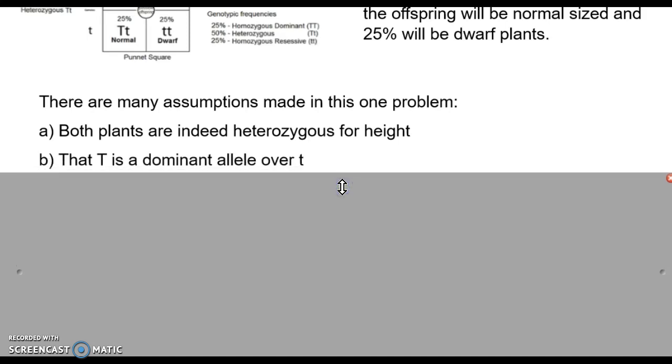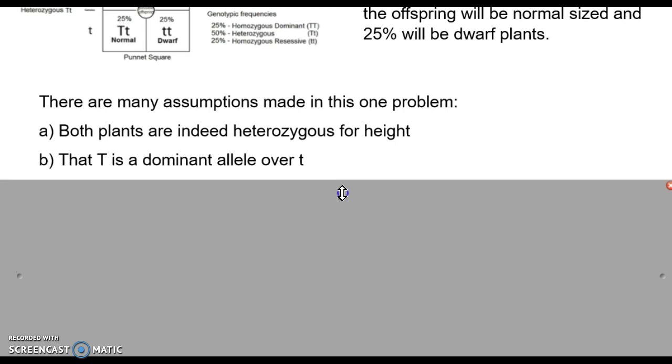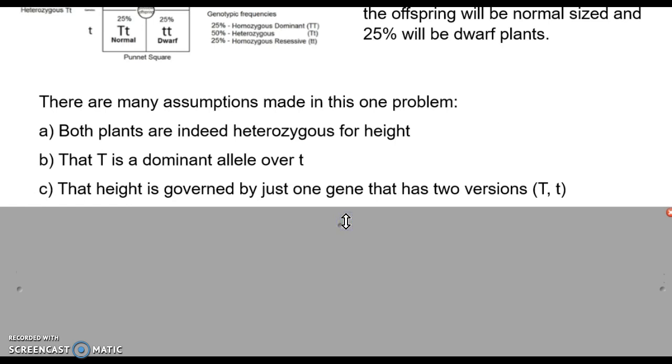We're also assuming that it's established that big T is the dominant allele over little t. Another assumption is that height of the plant is governed by just one gene that has just those two versions, big T and little t. Those may seem very reasonable, and probably are, but we'll run a test, and if our chi-square number is too big, we might have to revisit some of these, or at least one of them.